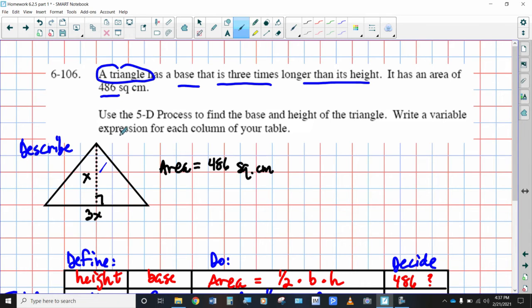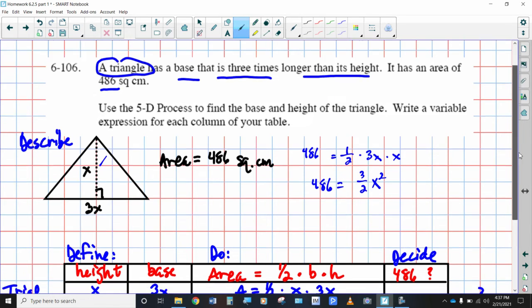So if we're going to figure out the dimensions here, to do this algebraically is actually really, really hard, because we know that the formula for area is 1/2 times base times height. So this is going to be 1/2 times 3x times x. So 486 is going to have to be equal to 3 halves x squared.